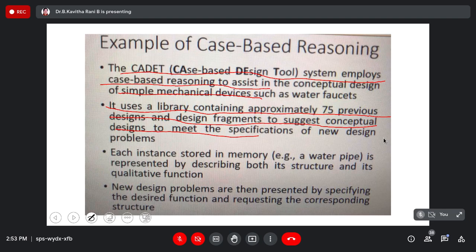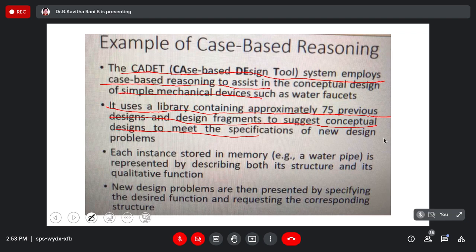So for this requirement there might already be a design developed in the library. Now what you do is take that particular conceptual design and try to refine it so that it matches your current design or problem.